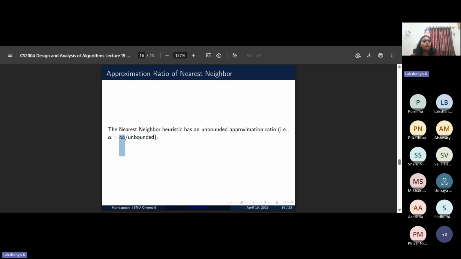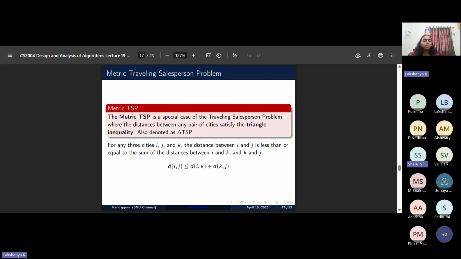It could be infinity times worse than your optimal solution, in which case such an approximation algorithm is stupid, right? So we need a better approximation algorithm. If you take a variant of TSP called metric TSP, there we can come up with a better approximation algorithm. Before I go into metric TSP, are there any questions so far?